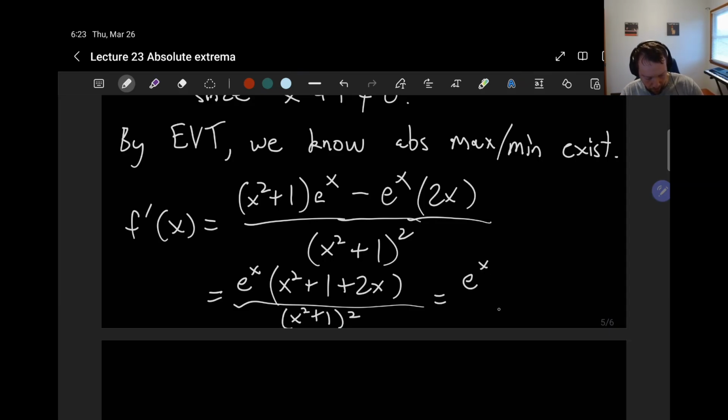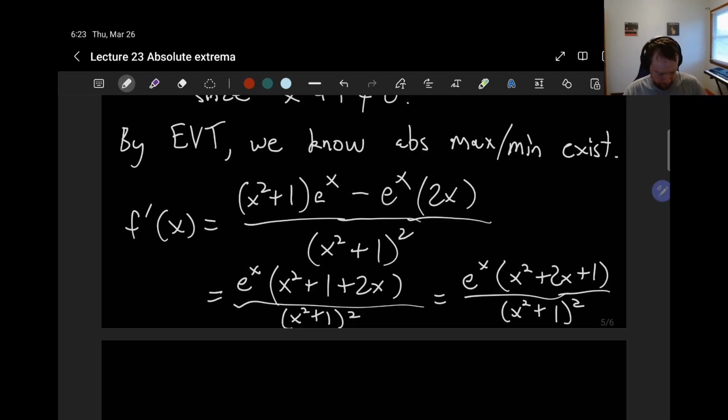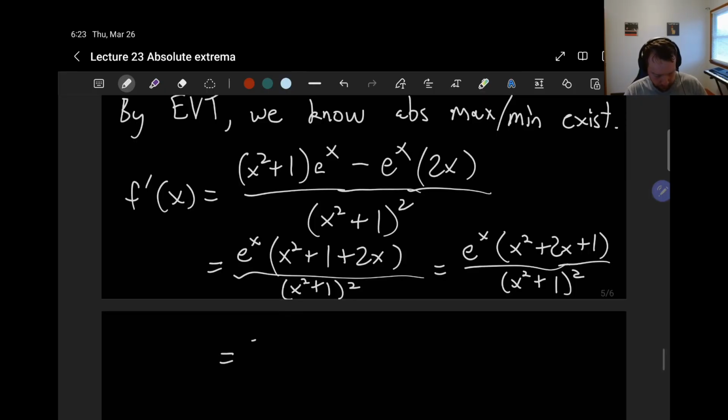And now it might help us if I just rewrite that polynomial in the more standard order, writing the 2x first. It's a little easier to see how that factors. It does indeed factor nicely.